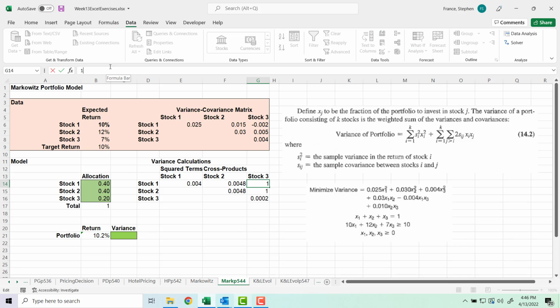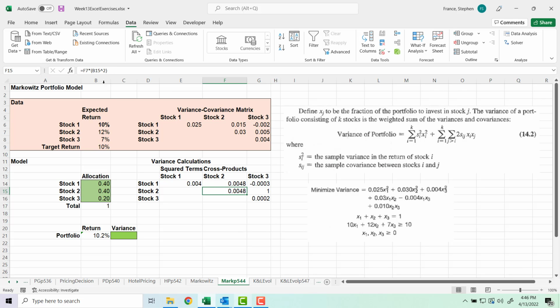Okay, so now let's go to stock 3. So again, this term to the right, so it's going to be 2 times the variance covariance times, this time it's going to be x1 times x3. Just check I've got all these right. So easy to make mistakes here.